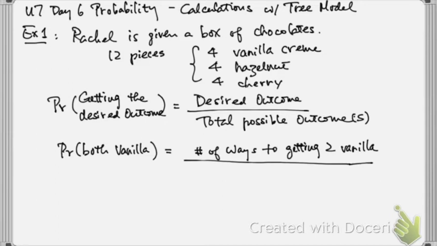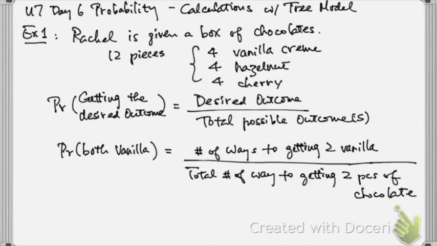In this case, the desired outcome is getting both vanilla, which is the number of ways that we can get 2 vanilla chocolates. And the total possible outcome would be the total number of ways to get 2 pieces of chocolate.